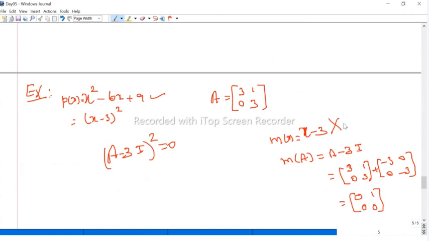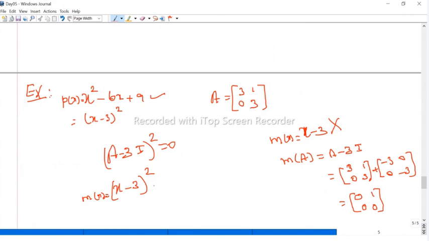So the minimal polynomial, of minimum degree, should be satisfied by the matrix. What is the minimum? x minus 3 is not satisfied. Therefore, (x minus 3) square is the minimal polynomial of this matrix. Therefore, for this matrix, both the minimal polynomial and the characteristic polynomial are equal.